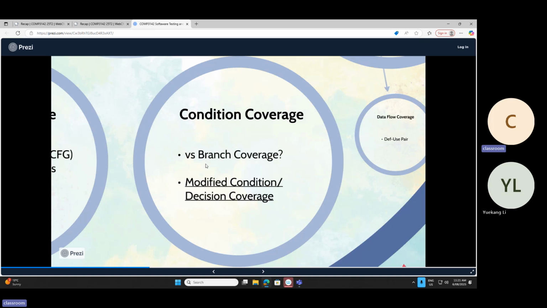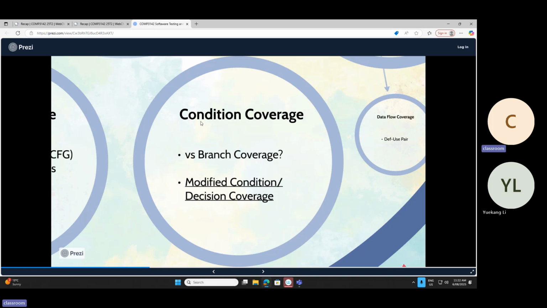But what is the difference here? What is the difference between condition coverage and branch coverage? Which one is more comprehensive, or which one contains which?